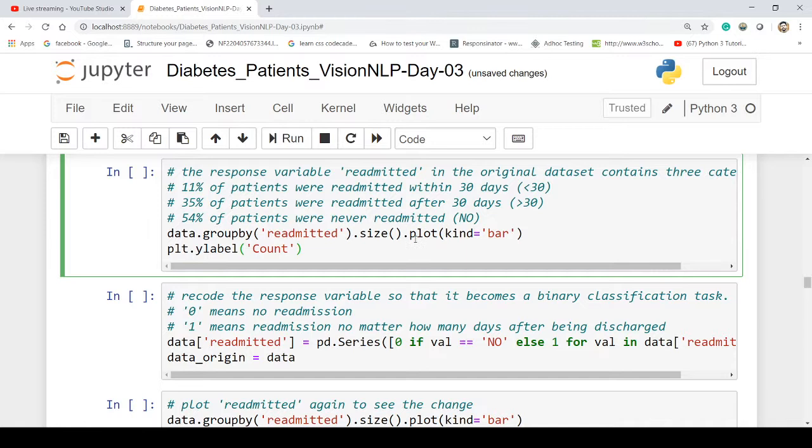So group by readmitted dot size, plot kind equal to bar. What we are trying to do here is draw a plot where we can see how the data is distributed across these categories, 11% in this category, and 51% in this category, right?